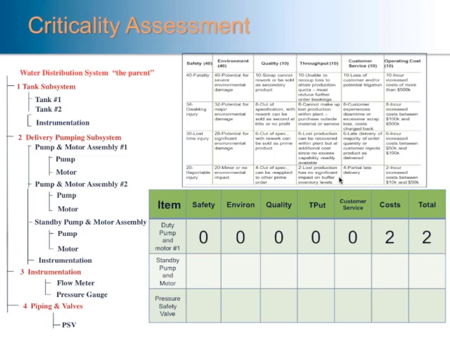Were we to explore across those categories what impact the duty pump would have on those criteria, we would find that for the most part it had a minimal impact, virtually no impact in safety in the environment, and only a repair or operating cost associated with its failure. And that's because we have a standby pump that can be activated and pick up the service and not have any interruption.